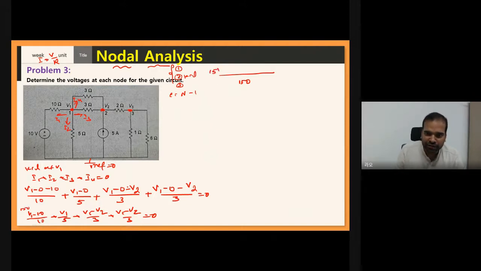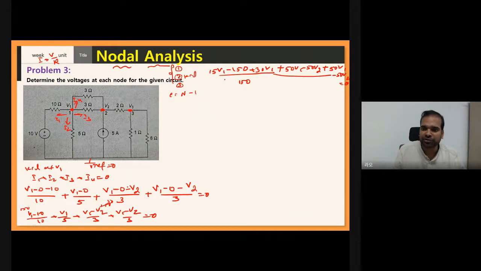Therefore 15 V1 minus 15 into 10, 150. Here, if I write 150, 5 30s, therefore plus 30 V1. Here, 3 50s, so plus 50 V1 minus 50 V2, and the same thing here also: 50 V1 minus 50 V2, equal to 0.